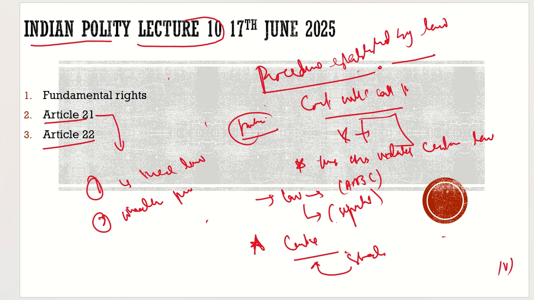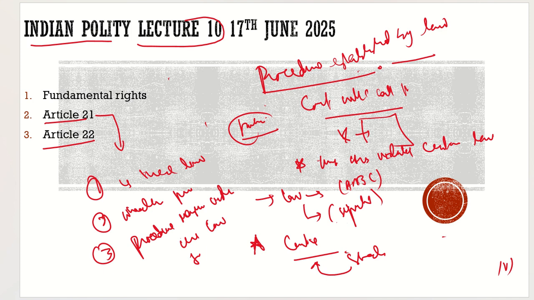Then what would be the third thing? The third thing would be the procedure mentioned under the law. Has the procedure mentioned under the law been followed? For example, this person has violated some law, and the police came in.